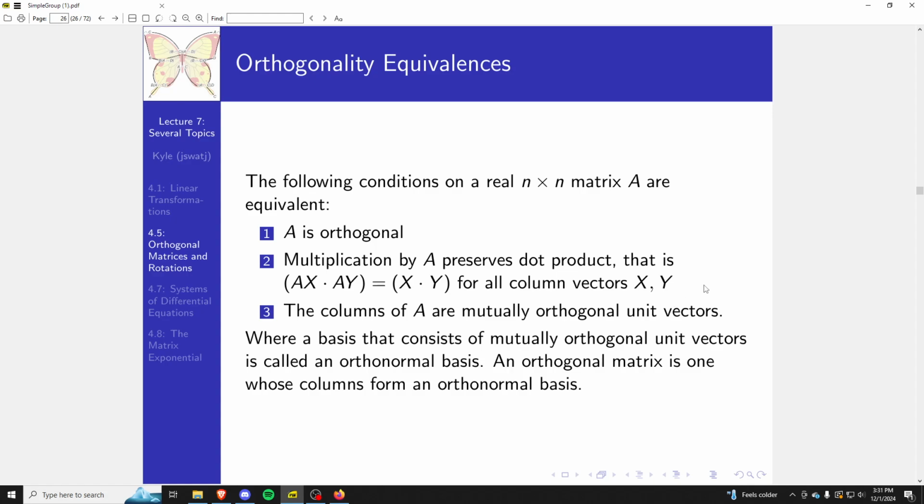A basis that consists of mutually orthogonal unit vectors is called an orthonormal basis. And so orthogonal matrices are actually those where the columns form an orthonormal basis. And that comes from this.